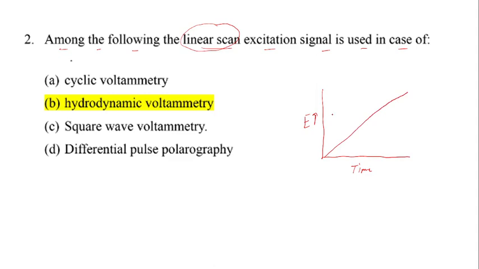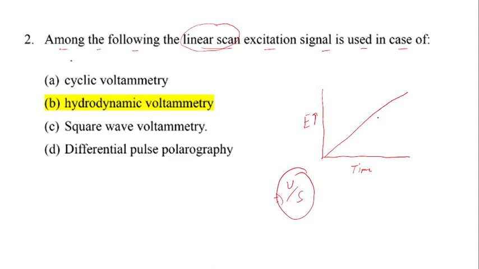If you count it, it is volt per second, and this rate is known as the scan rate. The scan rate is constant, meaning voltage continuously increases with respect to time, so your voltage per second is constant. That's why you are getting a linear graph.